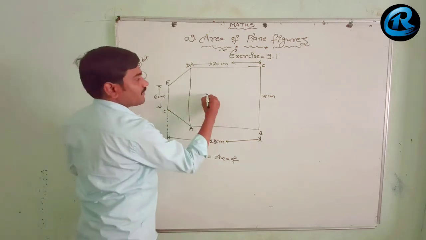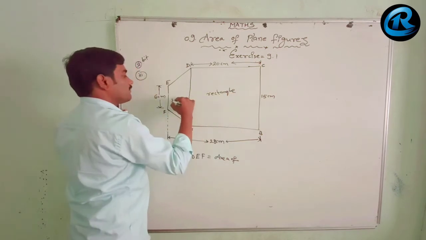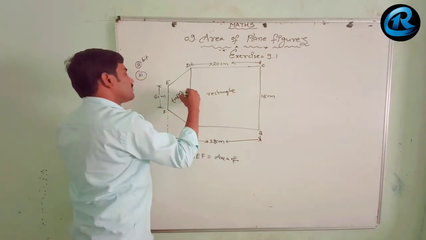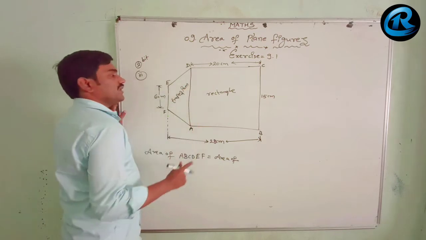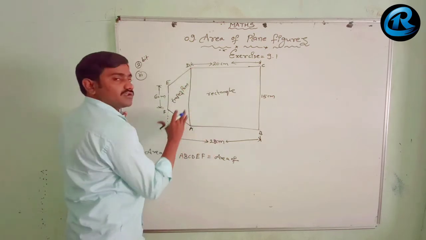It is a rectangle and it is a trapezium. We get the area of rectangle plus the area of trapezium, which equals the area of this complete figure.